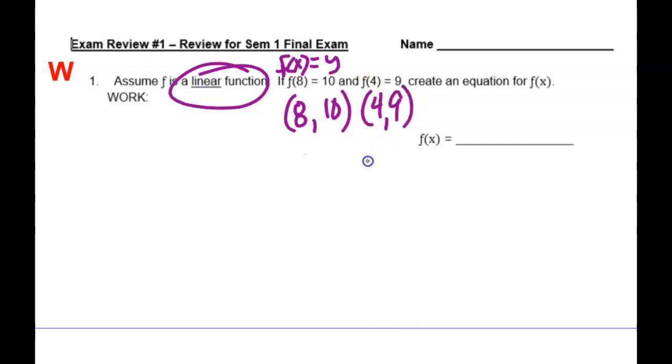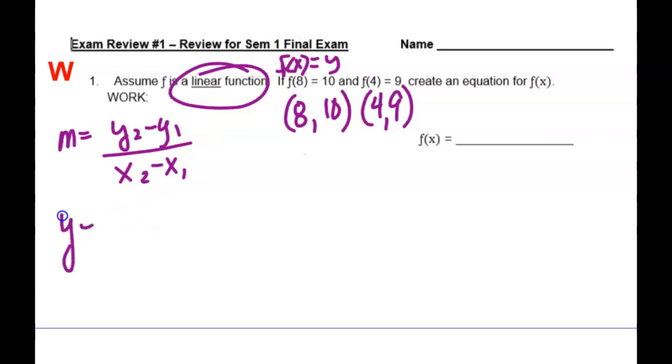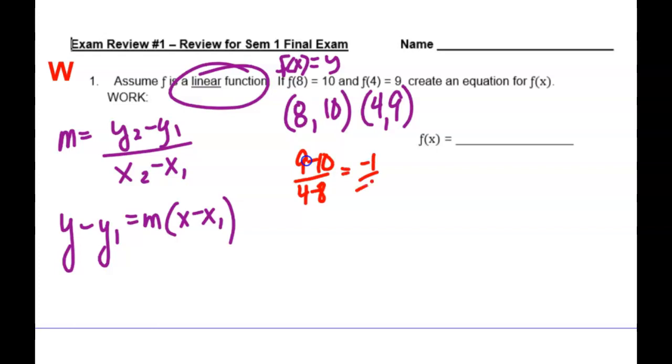There are 2 ways you can do this question. The way I taught you first was to find the slope, and then to use point slope, okay? So for this question, you might do 9 minus 10 over 4 minus 8 equals negative 1 over negative 4, or 1/4 is the slope.